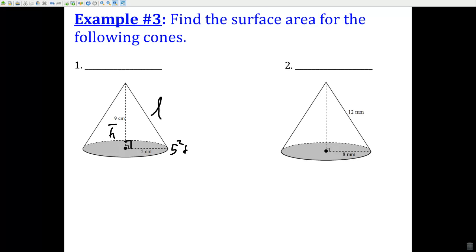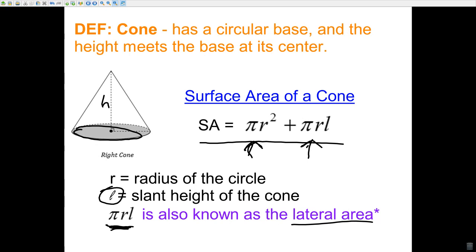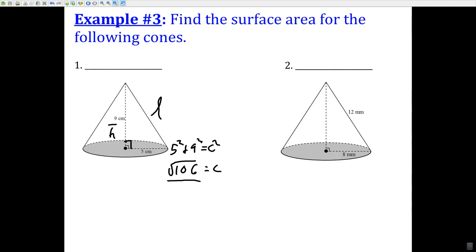5 squared plus 9 squared equals c squared. Should get about 106. I am going a little fast. But when you punch that all down, it should be square root of 106. I kind of forgot the formula. Let's go back and check. So you have pi times radius squared. All right, so let's go do that.